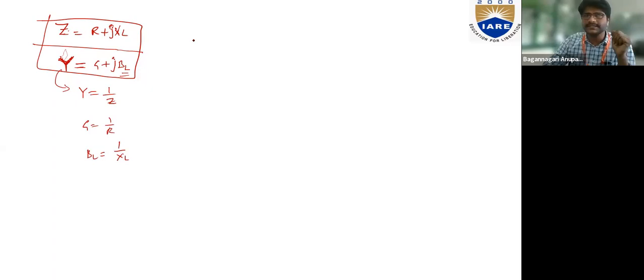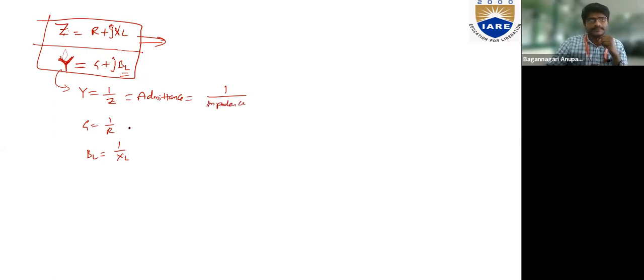Let me give clarity on these terms. You call this impedance, and this is called admittance. Y is called admittance, the reciprocal of impedance. Is that okay?